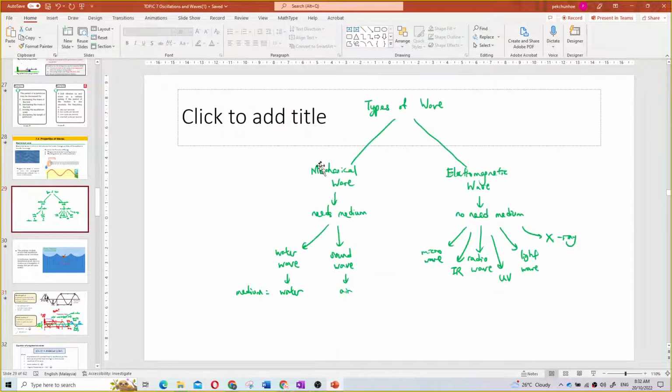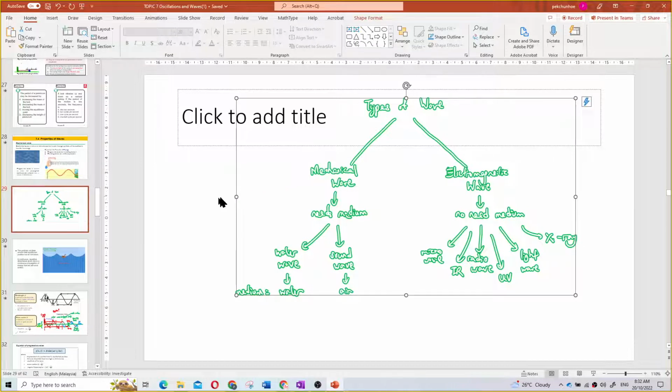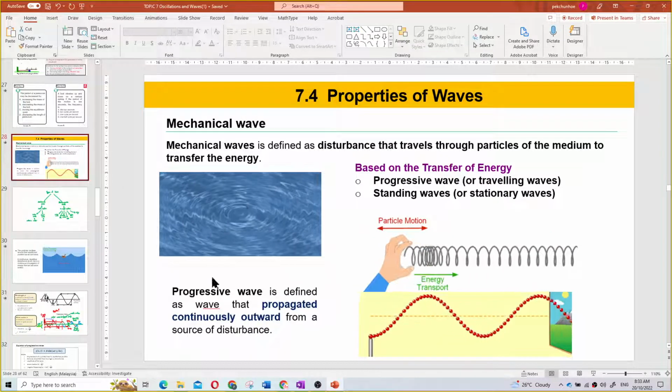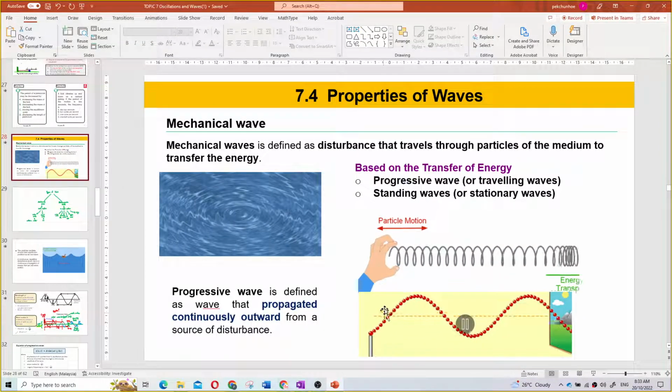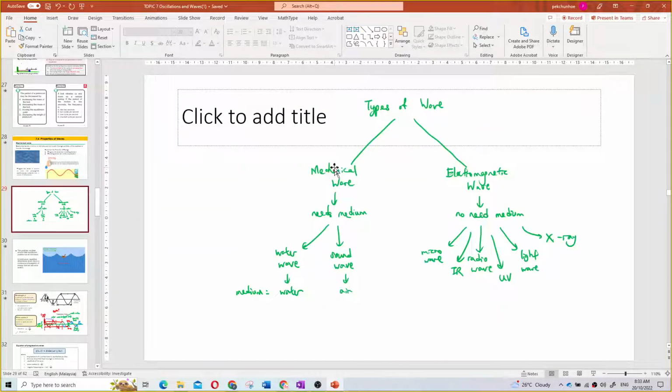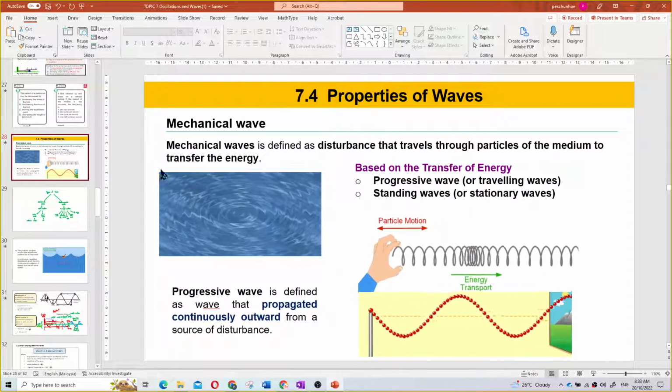That's why our syllabus only covers mechanical waves. You will learn electromagnetic waves in a later chapter, I think in semester 2. Not now. So we are dealing with a lot of medium particles, only mechanical waves. Okay, understand?